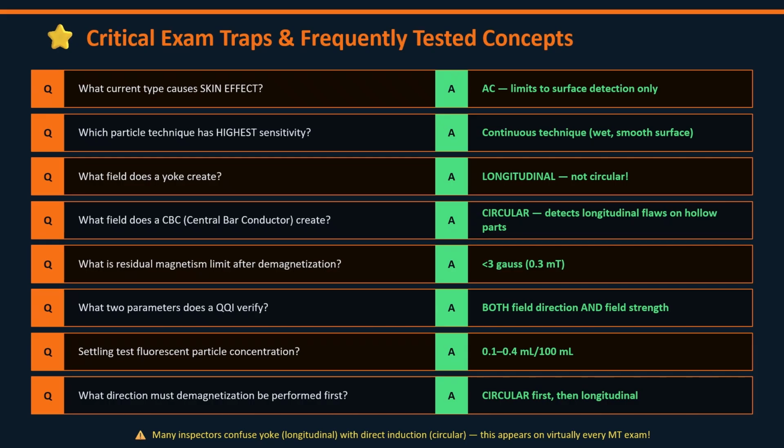Finally, the settling test concentration for fluorescent particles is 0.1 to 0.4 milliliters per 100 milliliters in this training material. Do not memorize these as unrelated facts. Connect each one to its purpose. That makes the information easier to remember and, more importantly, easier to apply correctly in the field.